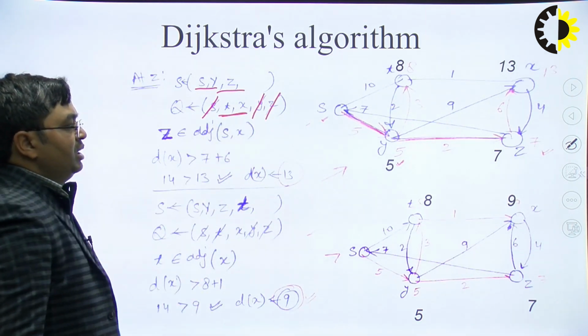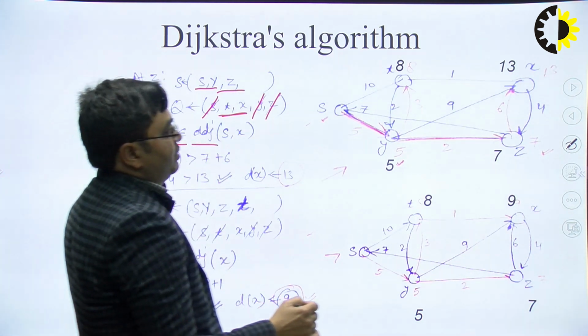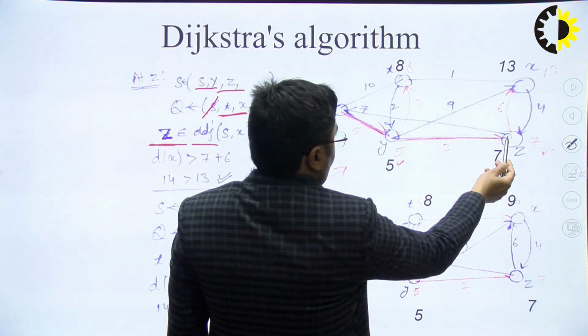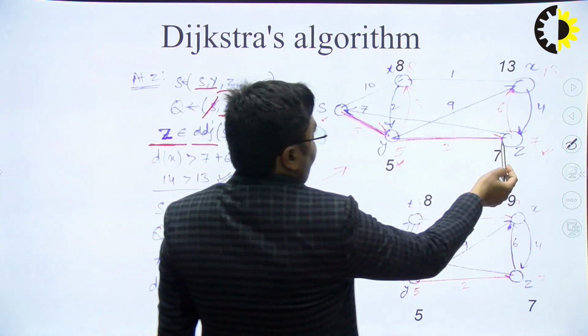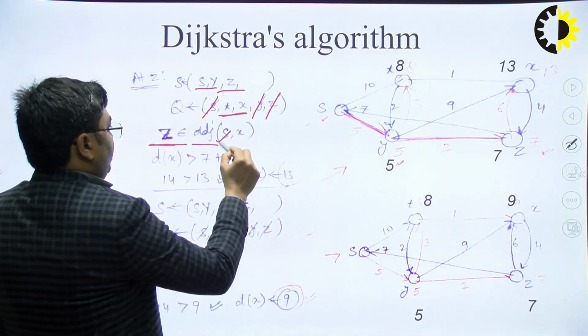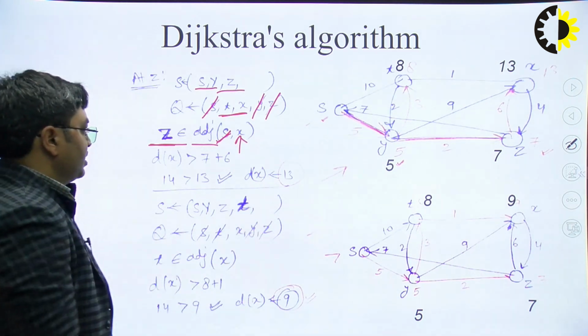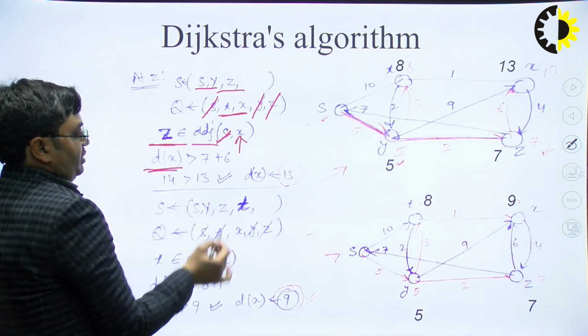The z node has adjacent nodes S and x. S has already been covered, and the other one is x. We have to compute dx.